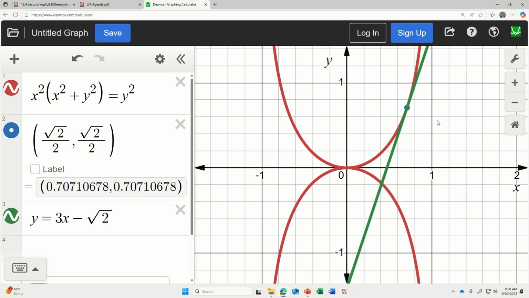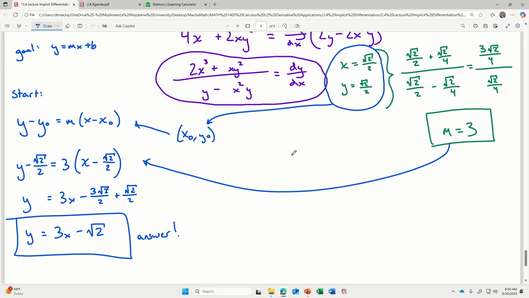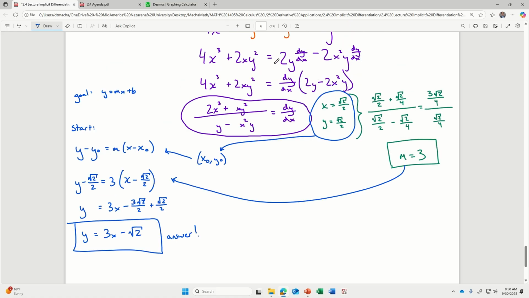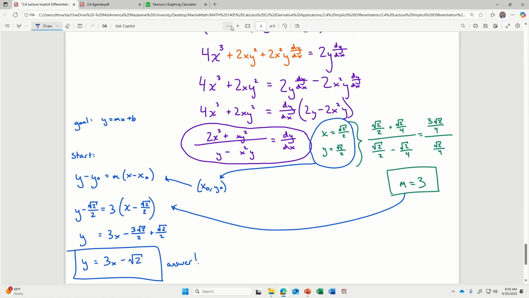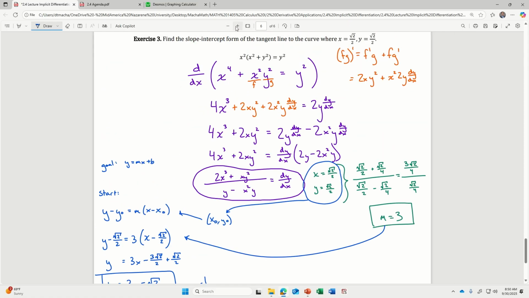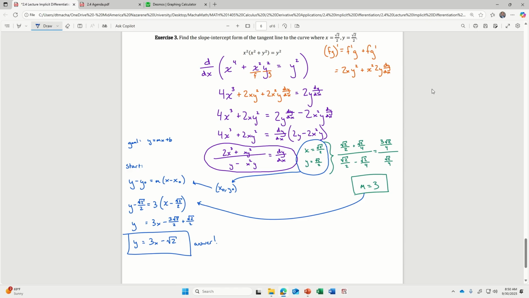Questions? Thoughts? Concerns? So we've done tangent lines before. We did that even before our first test.